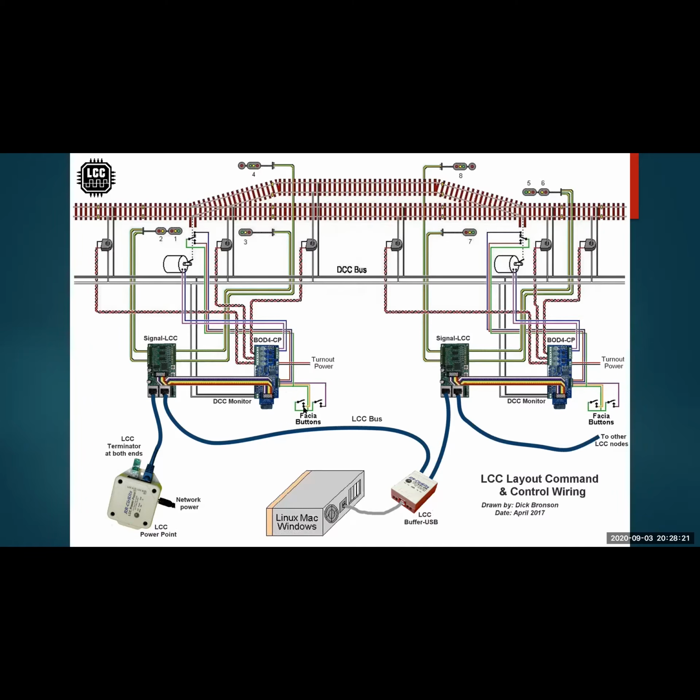You might have some fascia buttons that feed in. They're showing turnout power here so that you can drive your stall motors. But I guess the key takeaway here is that it's pretty straightforward. I know it looks complicated, but it's pretty straightforward. You wire everything into these nodes, if you will. And once they're into the nodes, that's where the fun starts. You just start playing with how you want what to play with what. It's a lot more repetition than it is complexity.